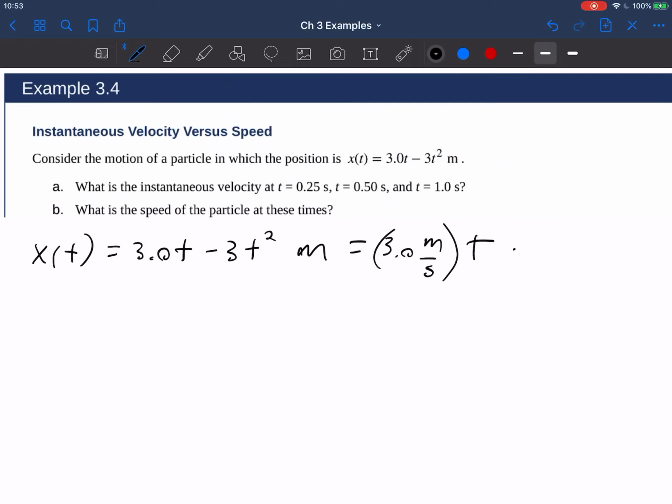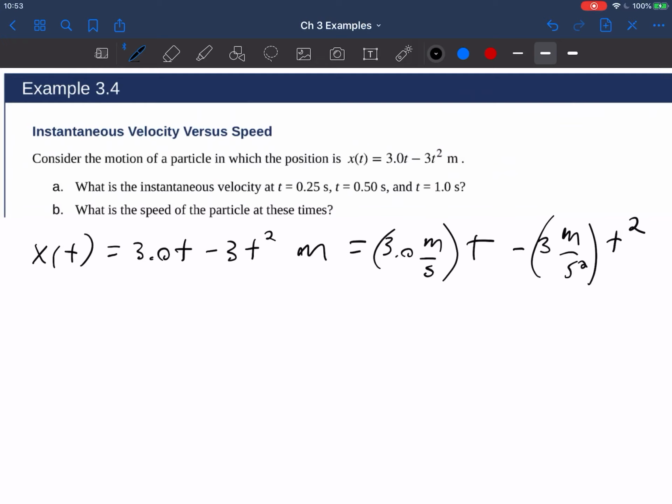I can also tell that that second constant, 3, is 3 meters per second squared, because when I multiply it by t squared, the second squared from the t squared would cancel the second squared from the meters over second squared, and again give me something in meters. So I first wanted to just rewrite that equation in a way that is a little bit more clear.